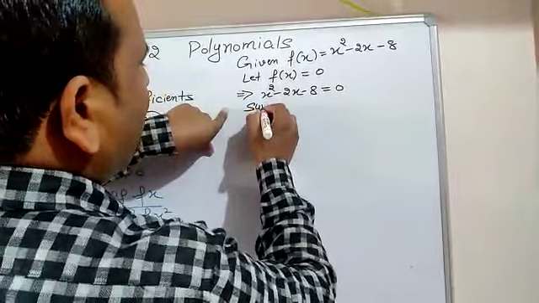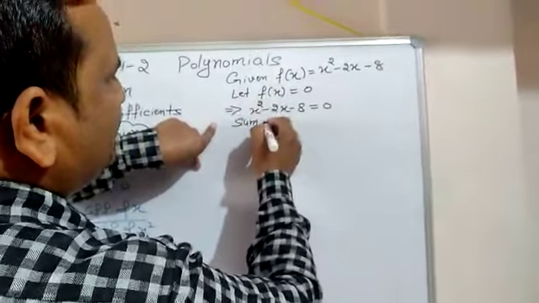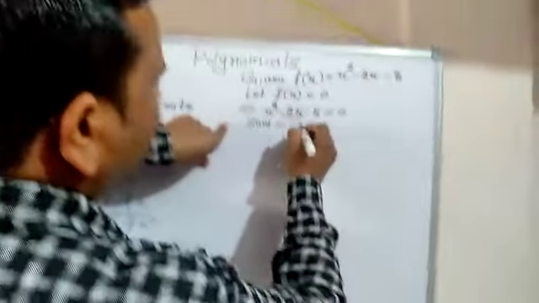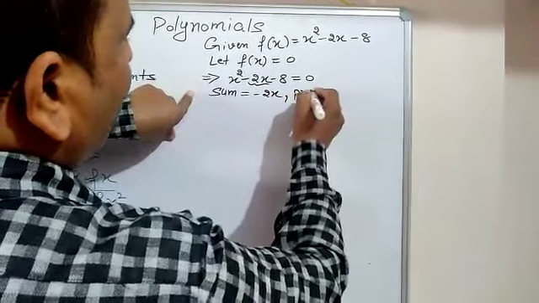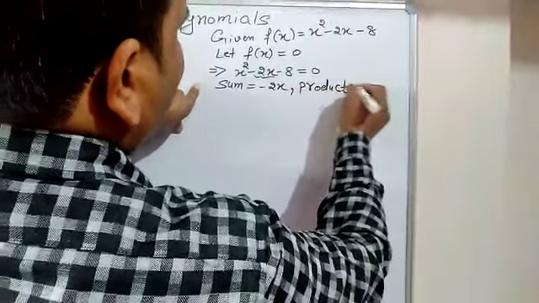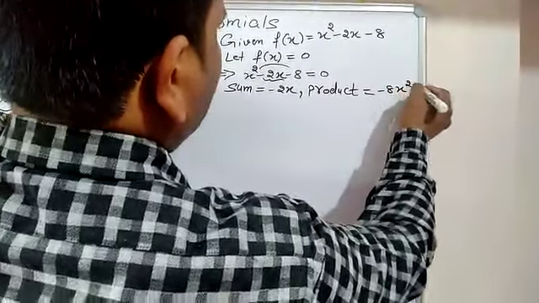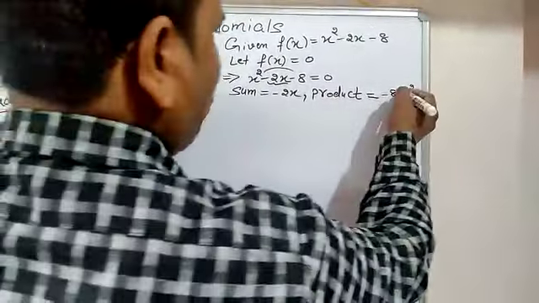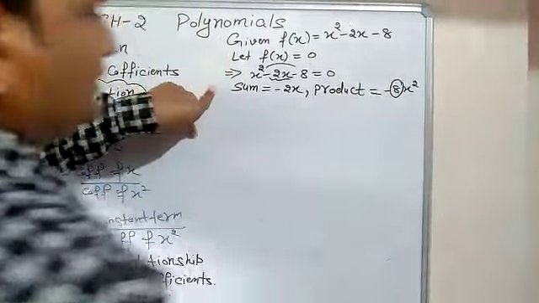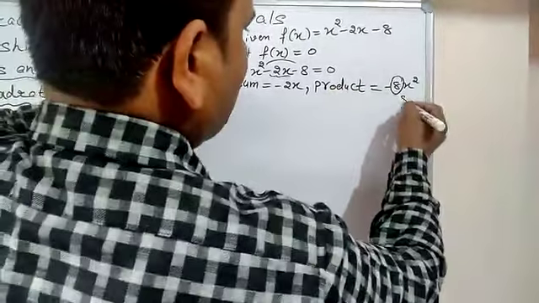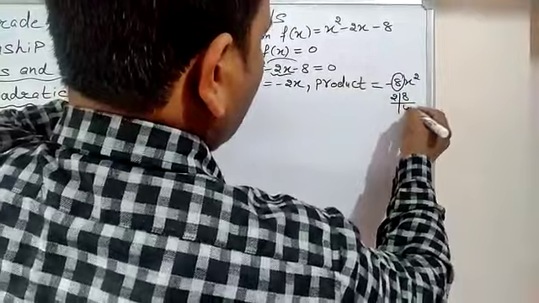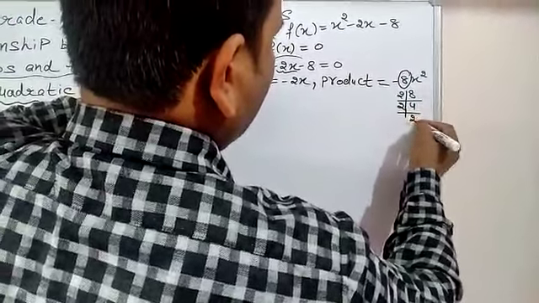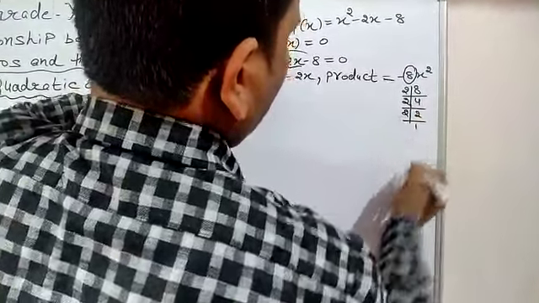So what is our requirement for that method? Sum is equal to minus 2x and product is equal to first and last term product, minus 8x square. We know that we have to make the factors for the constant term of the product. So 8 factors: 2 4s are 8, 2 1s are 2.